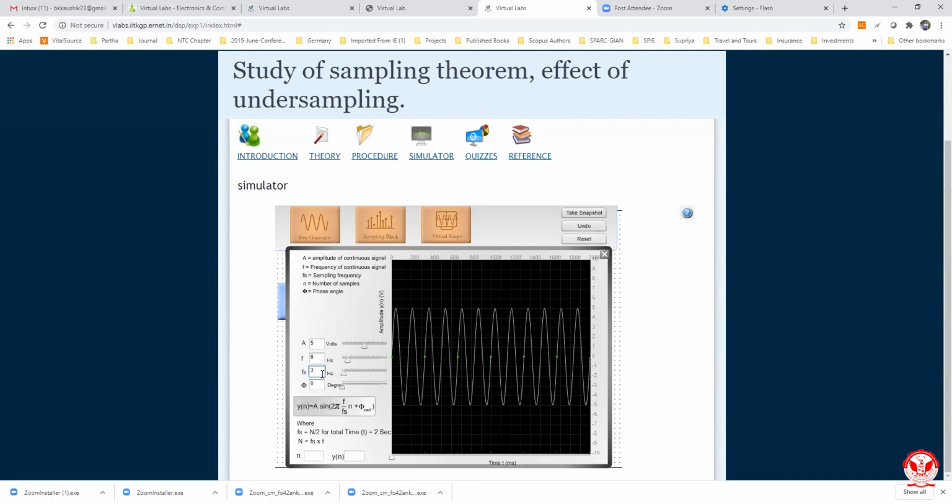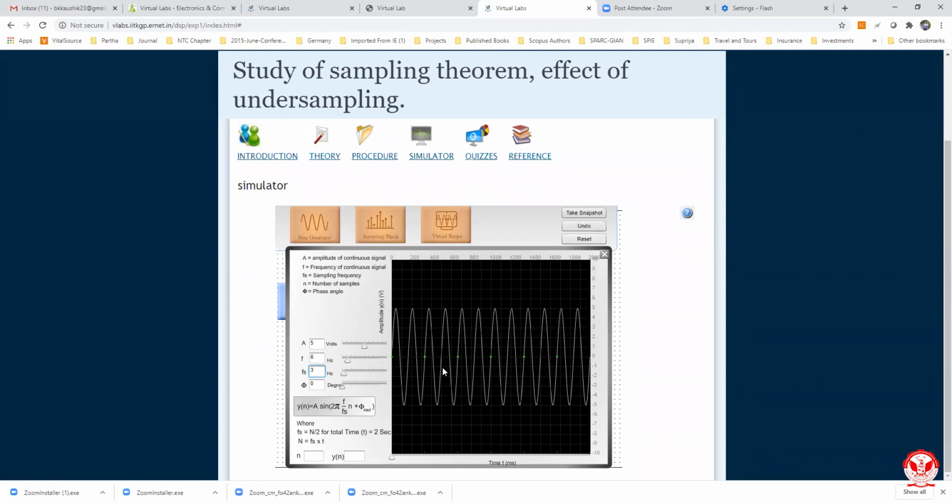So what we find here, for a given period of time, we are taking only 1 sample. Again, for the next period of time, only 1 sample. Again, for the next period, 1 sample. That means with the help of only 1 sample per period, we are not going to reconstruct the whole signal.